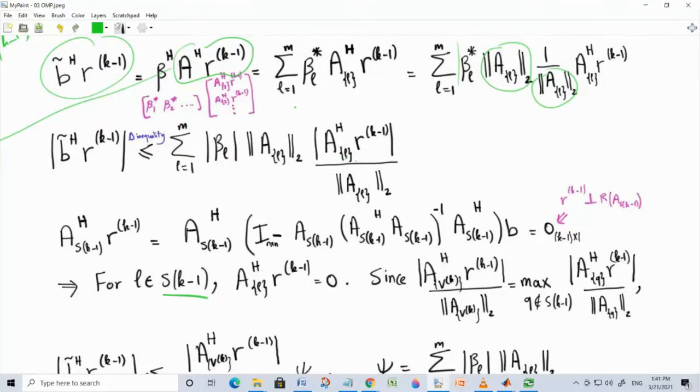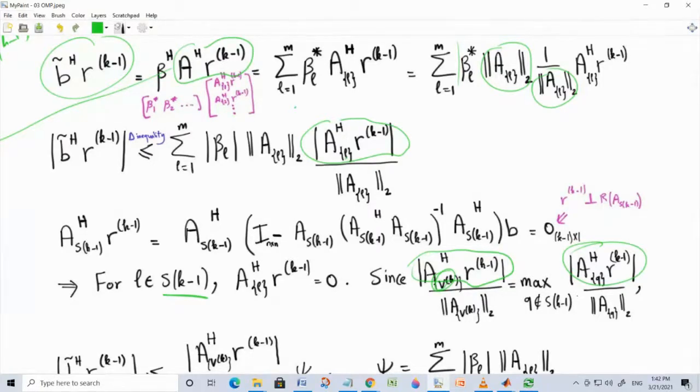And if l is not in S_{k-1}, then this inner product can be upper bounded by the inner product with A v_k, because by definition we choose the new index, the new column v^(k), to be the maximizer of this inner product here.